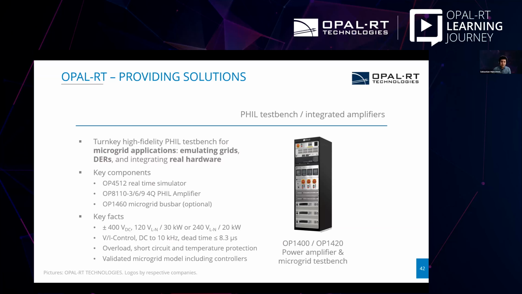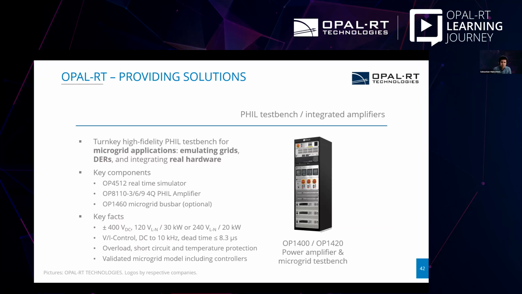The power amplifiers are operating at ±400 volt DC, and we can deliver up to 30 kilowatt of power for 120 volt RMS systems, or up to 20 kilowatt for 240 volt RMS systems. In the end, our power amplifier also provides voltage and current control modes.